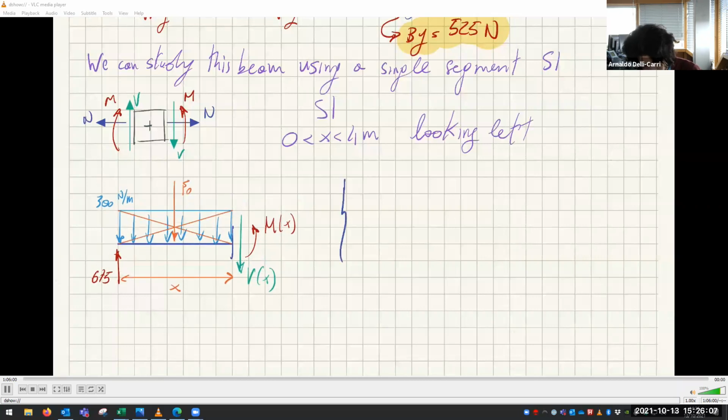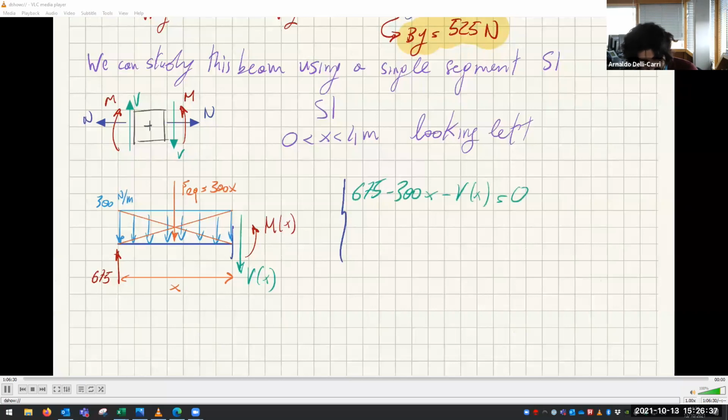And how much is the equivalent force? It's 300 times X, because it's spread over X meters. And so I have vertical equilibrium, it's 675 minus 300X minus V of X equals 0.